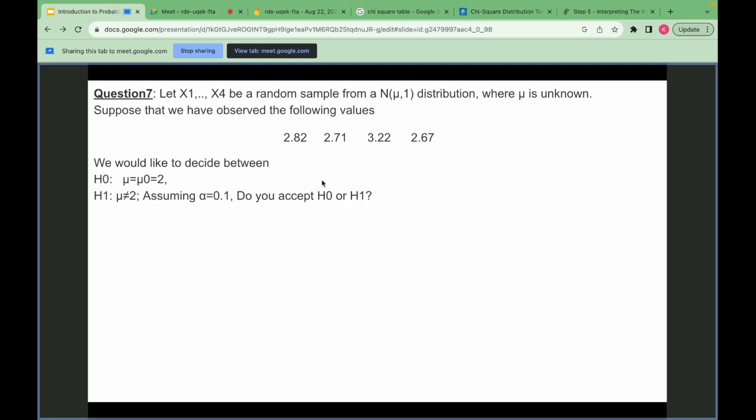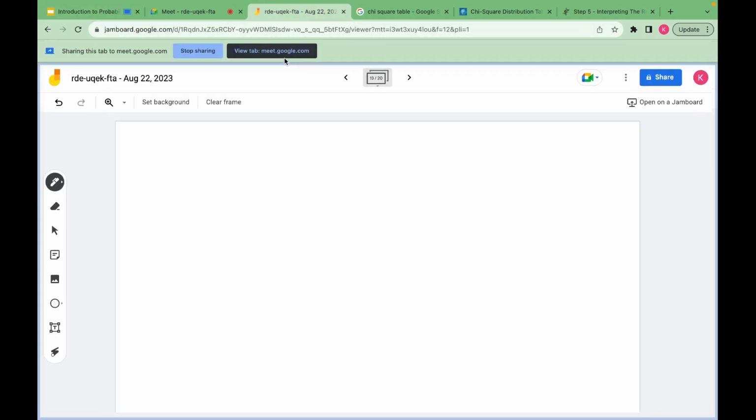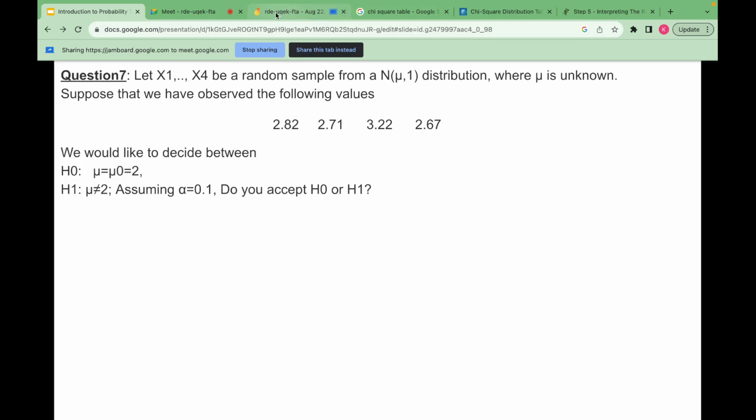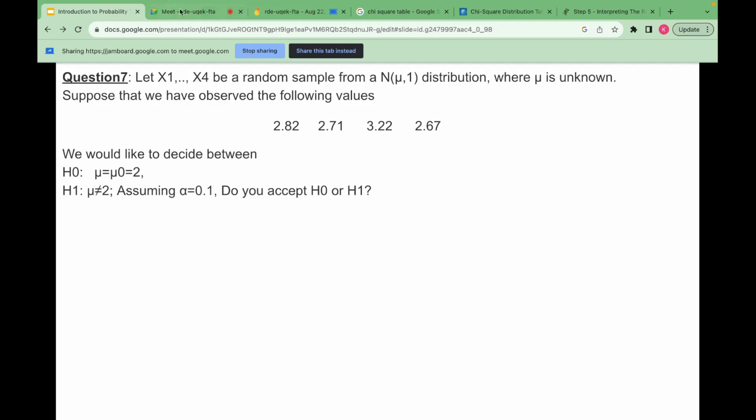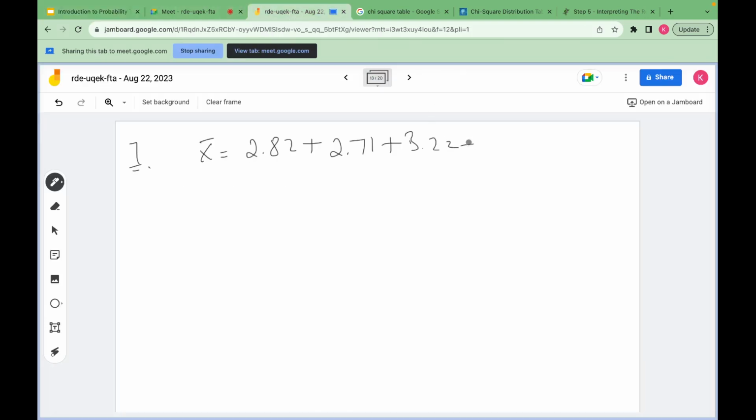For this, we will first find x bar, which is 2.82 plus 2.71 plus 3.22 plus 2.67, divided by 4.